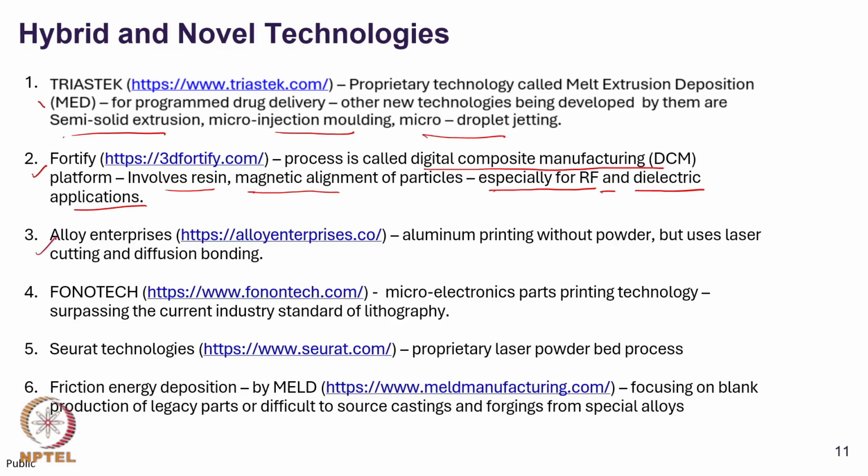Another company called Alloy Enterprises has come up with technology which is fairly well known as diffusion bonding to create larger structures, where the aluminum plates are put on top of each other like this, and some amount of heat and pressure are applied, and after leaving them for some time, the joining happens at the interfaces.